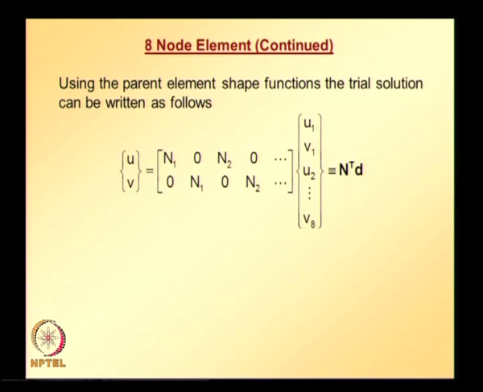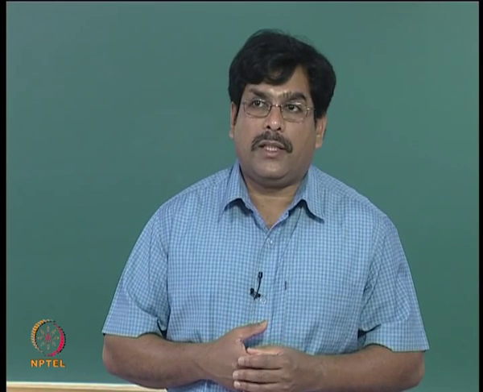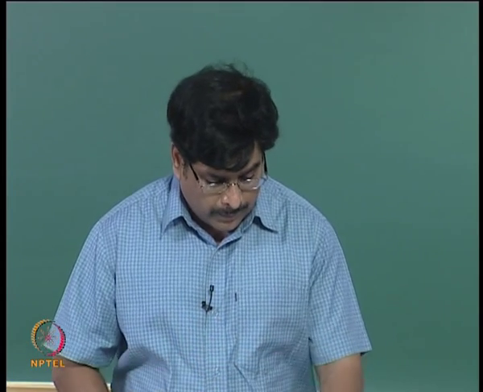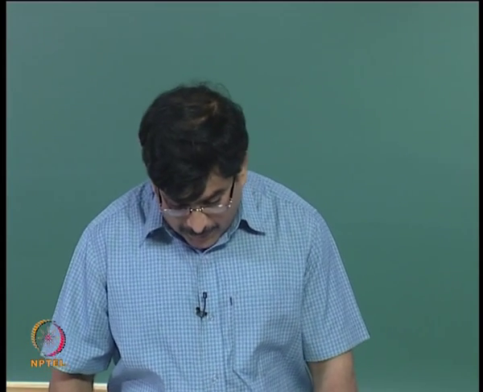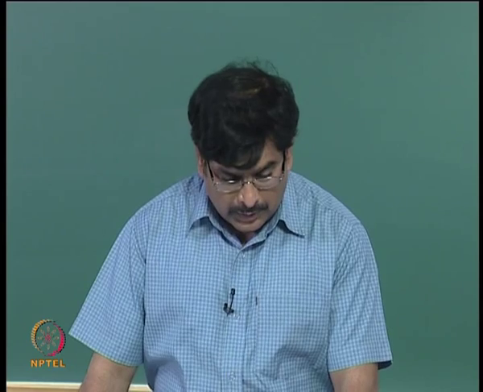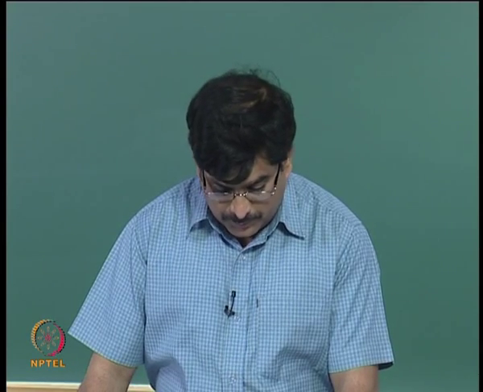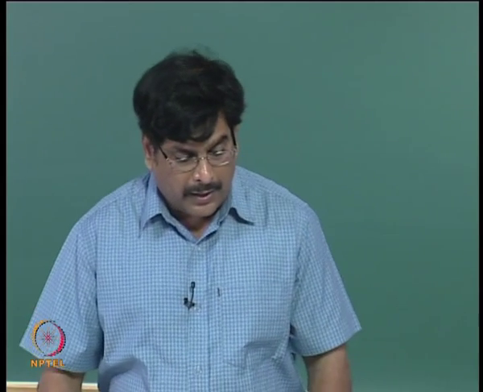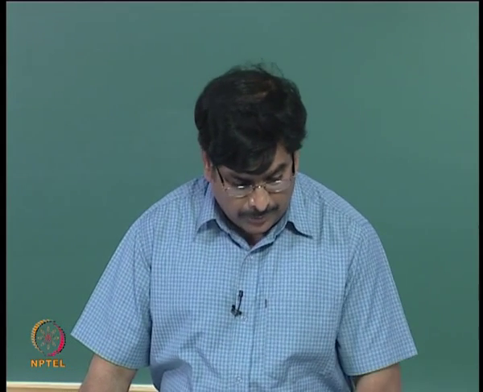So, if you want displacement in the x direction, then it can be interpolated using the displacement component at all the 8 nodes in the x direction and the corresponding shape functions. Similarly, in the y direction. This is how the trial solution can be written, and isoparametric mapping.